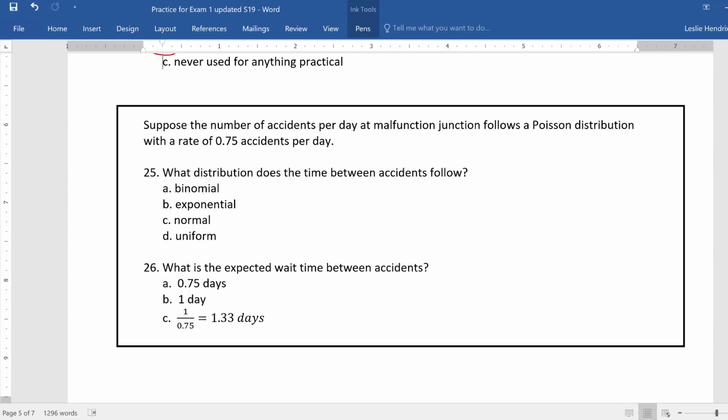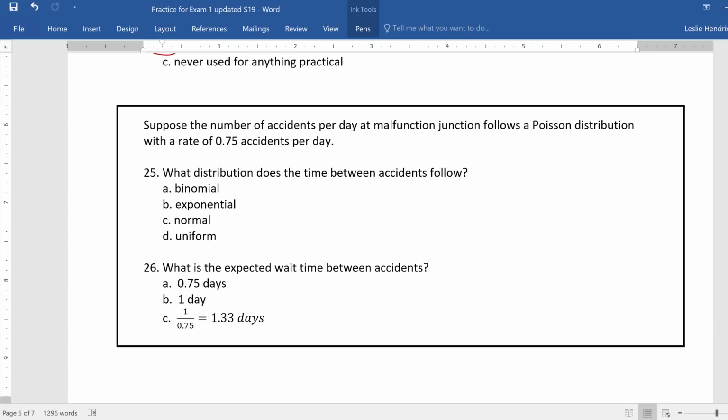So what distribution does the time between accidents follow? Well, first let me pose the question, what distribution does the number of accidents per day follow? Well, per day is a time interval, and you're counting the number of accidents, so that is a Poisson distribution.